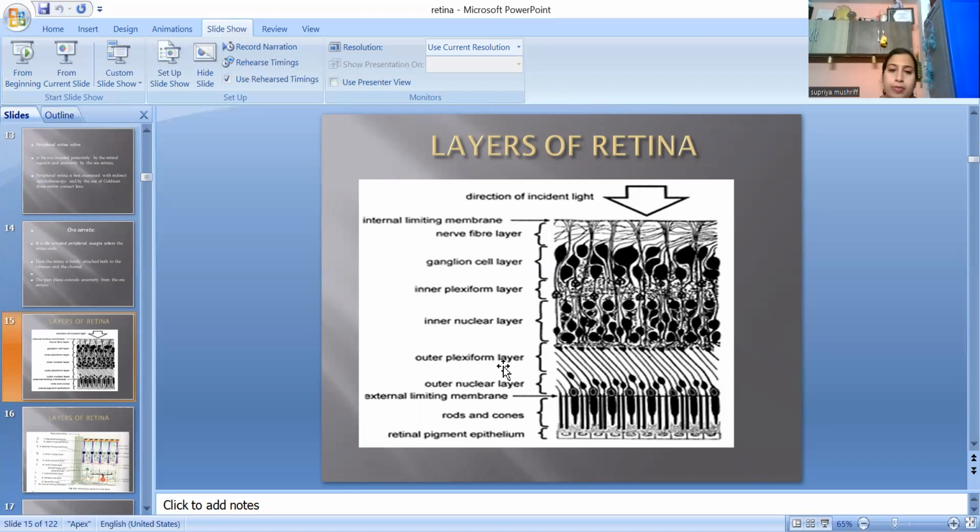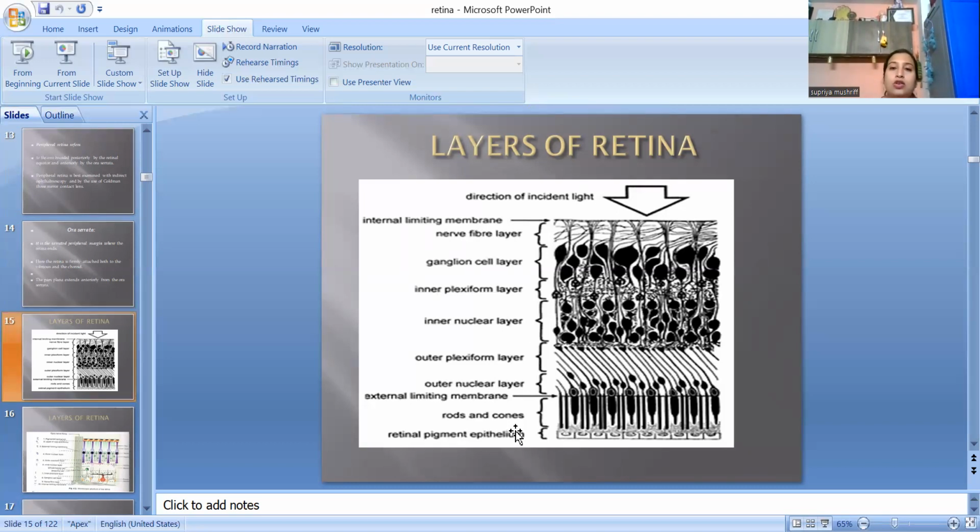So always remember, all these 10 layers comprise the retina, but the neurosensory retina, where the sensation of light occurs and which is responsible for light sensation, has 9 layers, from rods and cones to the internal limiting membrane. RPE is not included when you are asked about neurosensory retina.